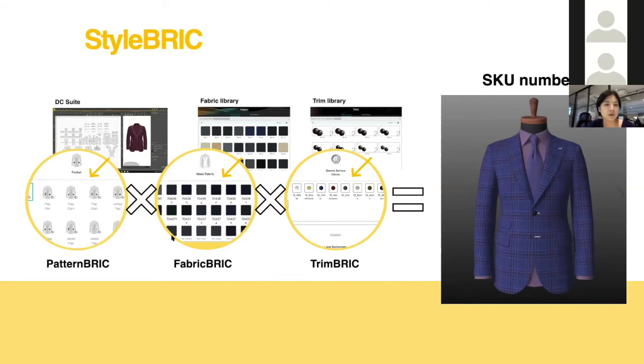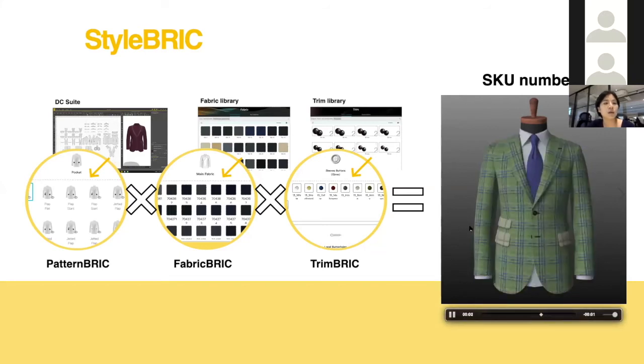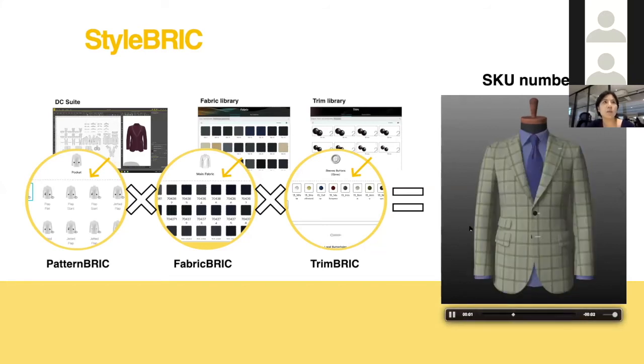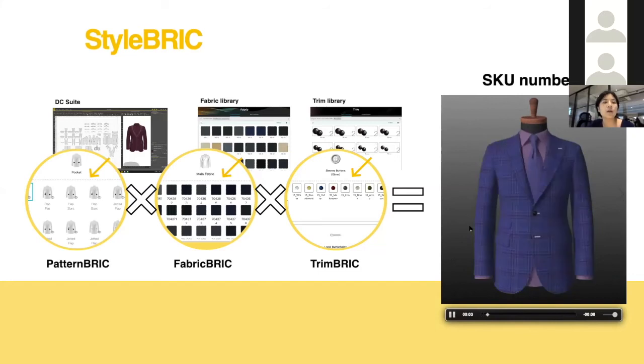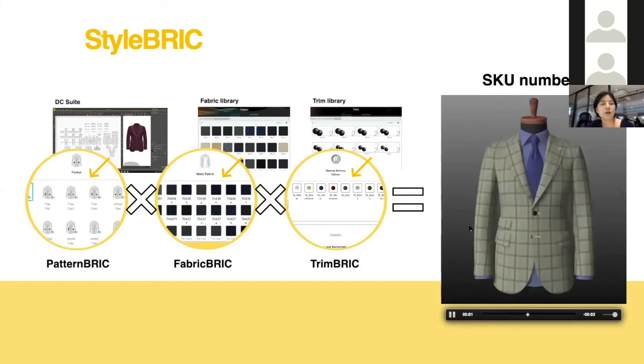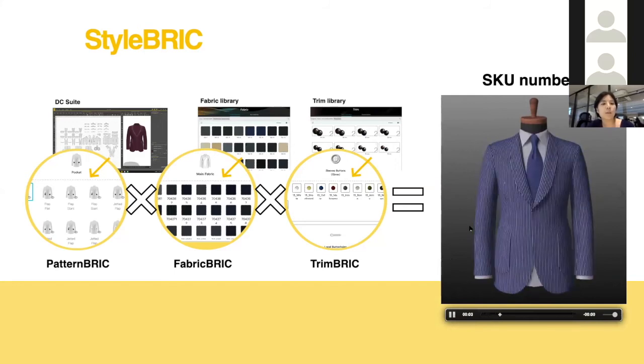You have seen there are multiple color designs in the 2D window, and also multiple pocket buttons, and we all made them in a single 3D garment. And by uploading it to our platform, you will be able to add different fabric into different parts, and also add trim into different parts.